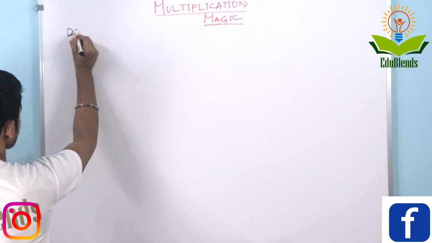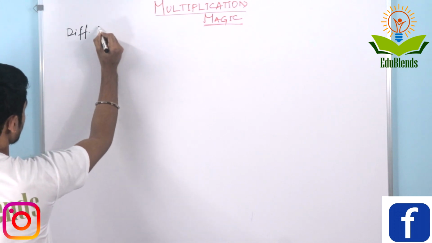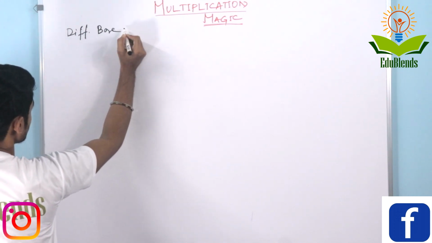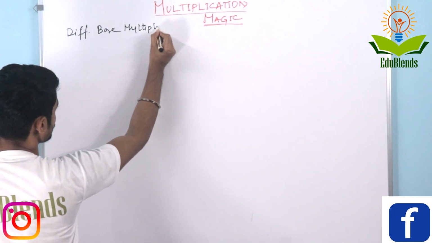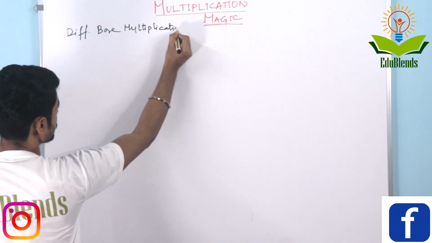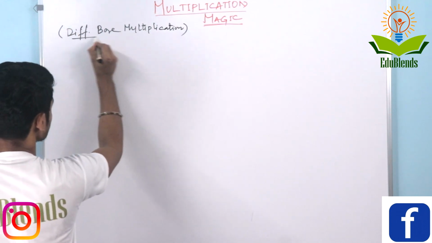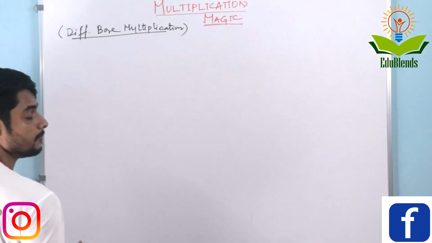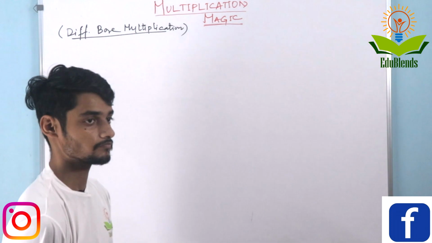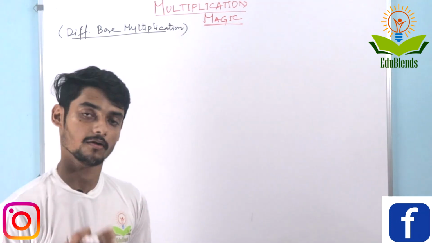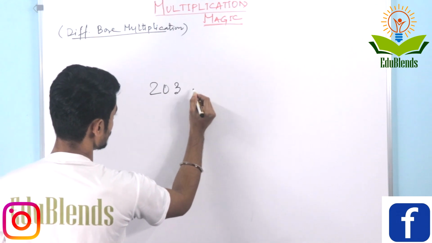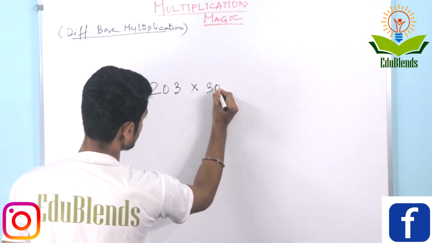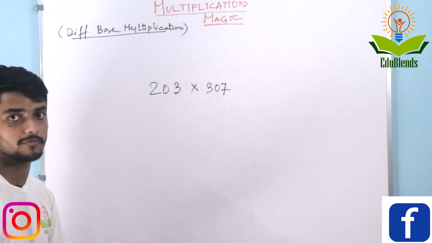This is different base multiplication. See, we'll have to multiply in a different way, like 203 into 307, this kind of numbers.